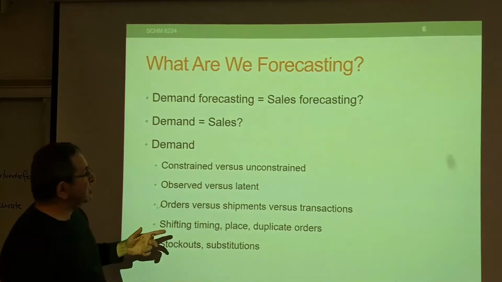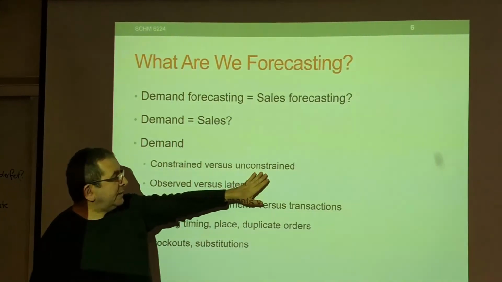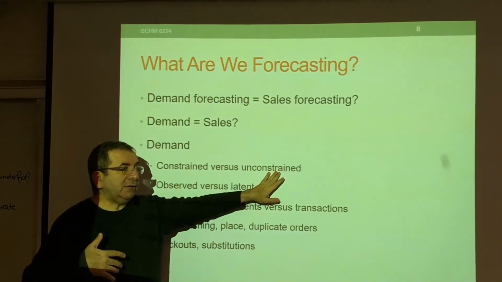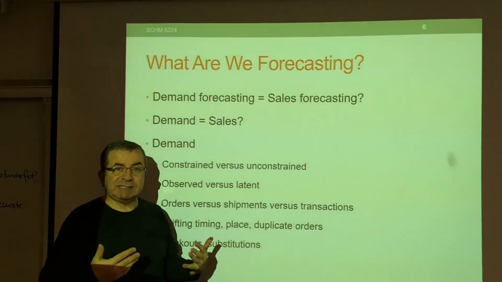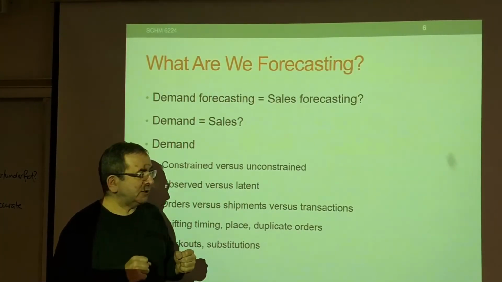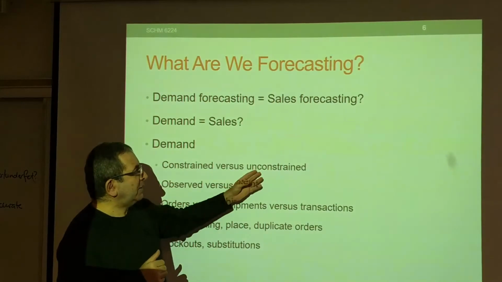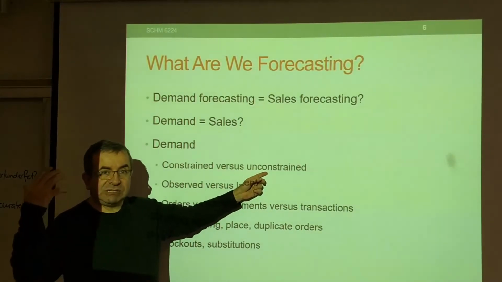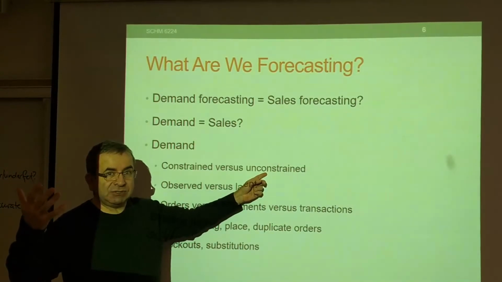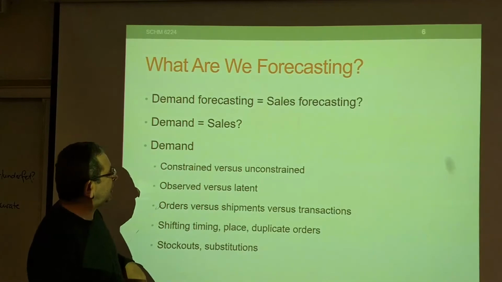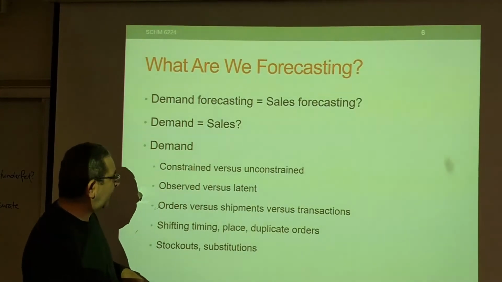So the thing is, we have constraints, right? We can only produce so much, and sometimes demand exceeds production, and we can only sell so much. But there will be some more demand that's not satisfied, and that is unmet demand, okay?